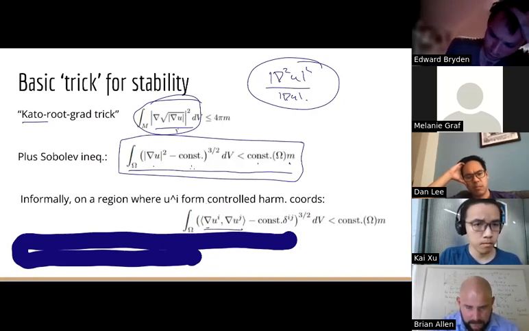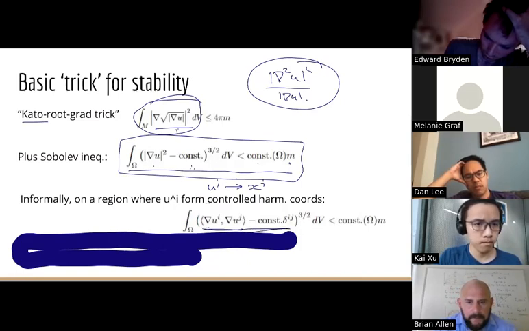The pairing of grad ui with grad uj, where ui is meant to be asymptotic to xi, the asymptotically flat coordinate, minus some constants times delta ij, the 3/2 norm of that is, loosely speaking, controlled by mass.